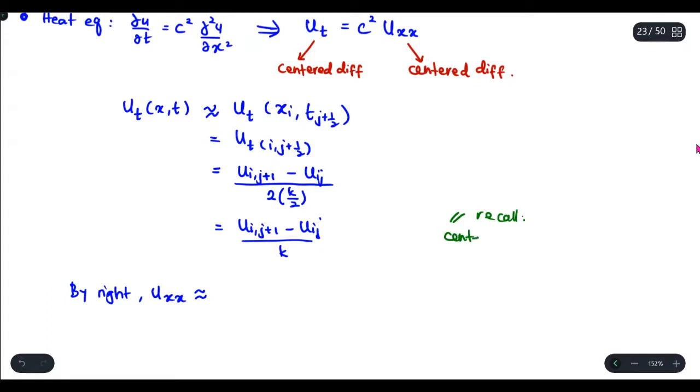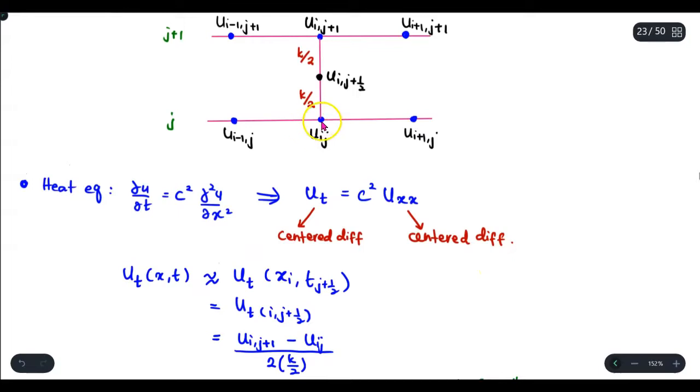For the centered difference of u_xx evaluated at i and j, this is given by u_(i-1,j) minus 2u_(i,j) plus u_(i+1,j) over h squared. That is what you have in the explicit scheme, because you are evaluating at this point u_(i,j). So it is the left node minus 2 times the middle node plus the right node over h squared. So h is basically this step size here.